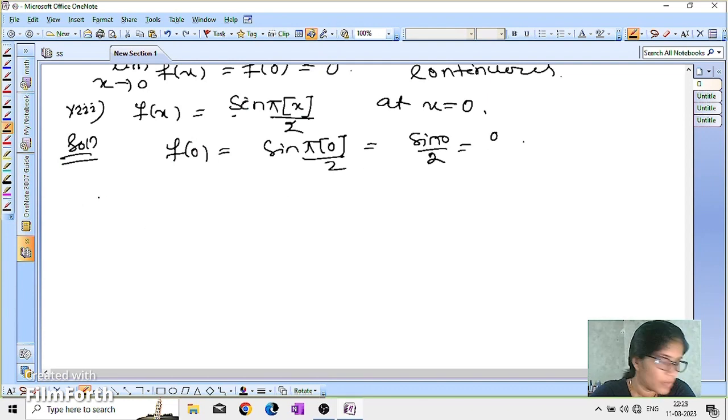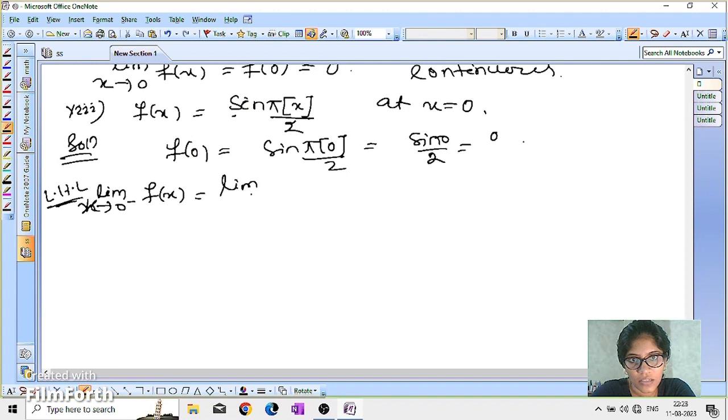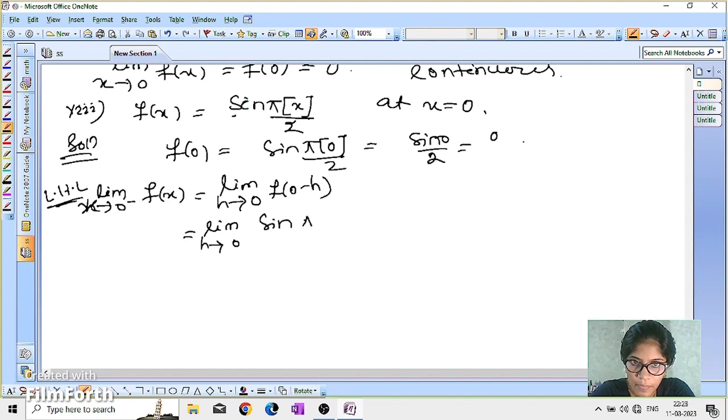Now the left hand limit. Limit x tends to 0 minus f of x, similarly written as limit h tends to 0 f of 0 minus h, which equals limit h tends to 0 sin pi into the greatest integer of minus h by 2.